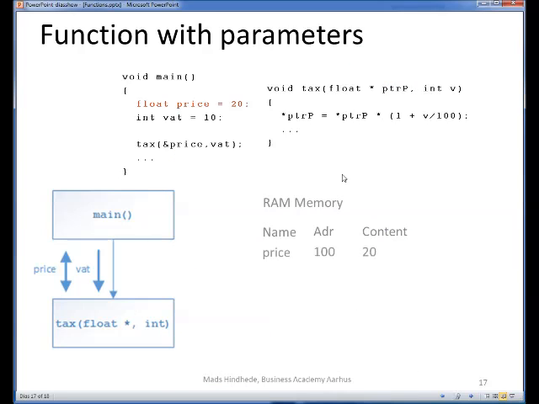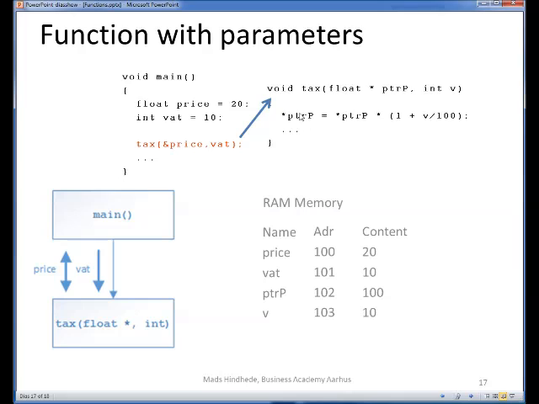So what's happening is first I declare a price and VAT and put them in memory locations, and when calling this tax function, the price at address number 100 is saved in the pointer price, and the VAT 10 is saved in the variable v.